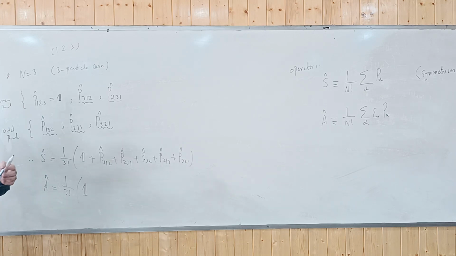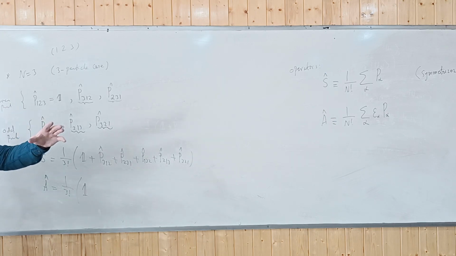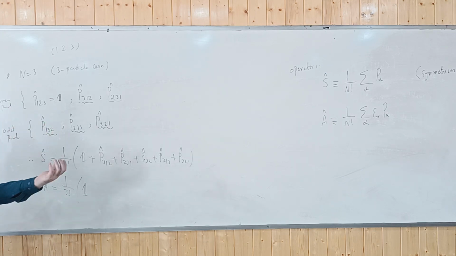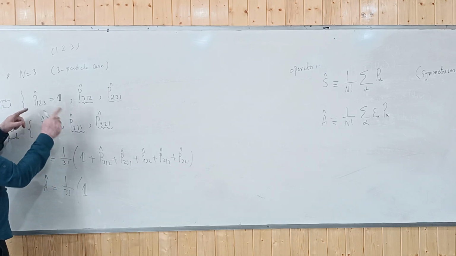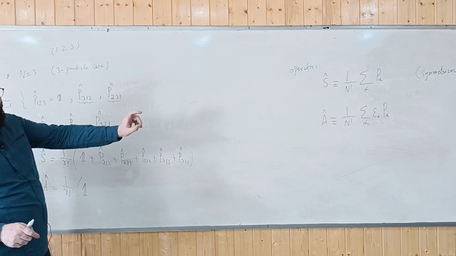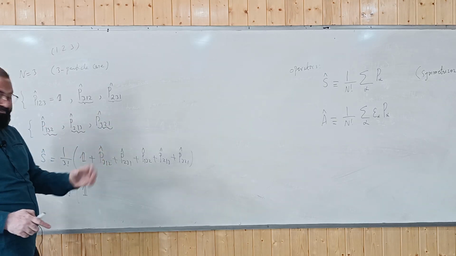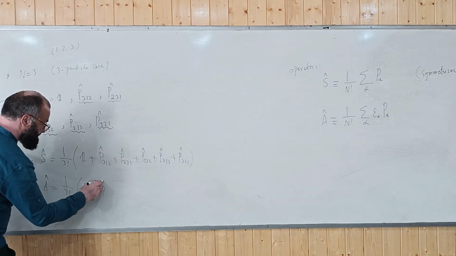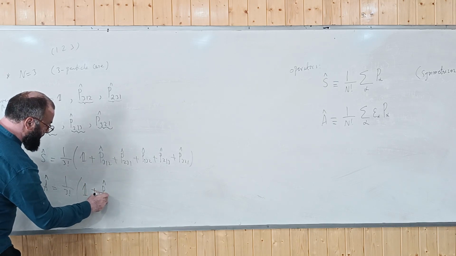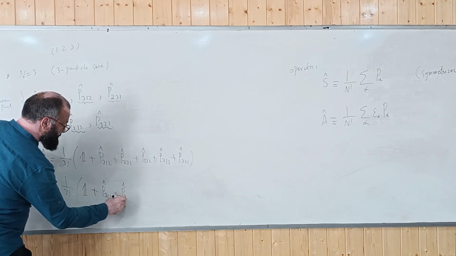In other words, if you are not able to figure out whether these are even or odd, just take the cyclic terms as even and the non-cyclic terms as odd. Got it? So I put a plus sign because epsilon alpha is plus 1 for even. I'll put it like this: identity plus P312 plus P231.